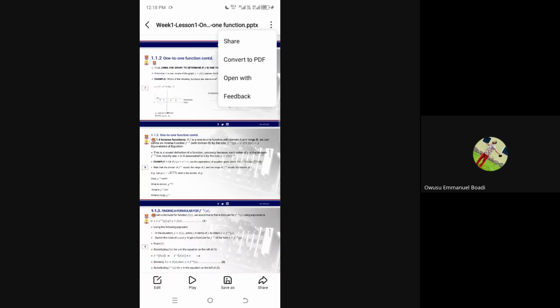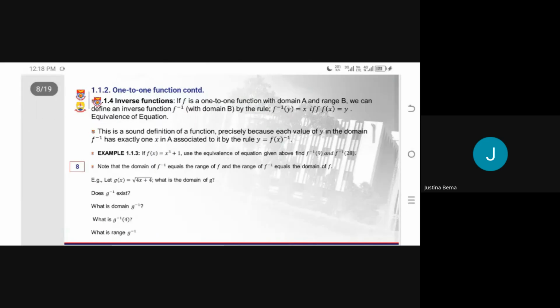What are you getting? 3. Okay. Are we all getting 3? Yes. Now, let me ask: what would be the range of g inverse of 1? What would be the range of g inverse of 1?